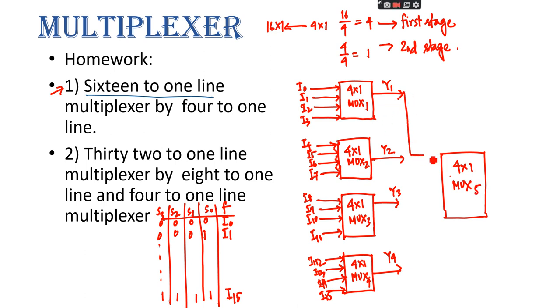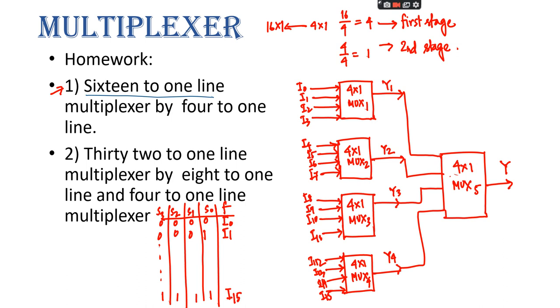This should go as the first input, this as the second input, this as the third input, and this as the fourth input of the multiplexer, and then the output of the multiplexer should be Y, right?